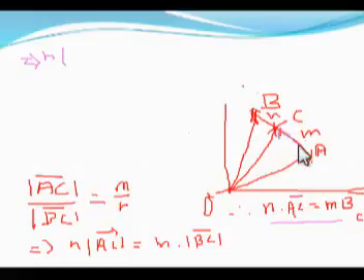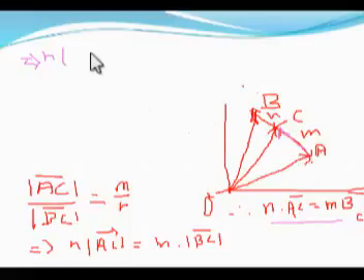This is the AC vector. If you use the triangular law, AC vector represented through position vectors will be OC vector minus OA vector.